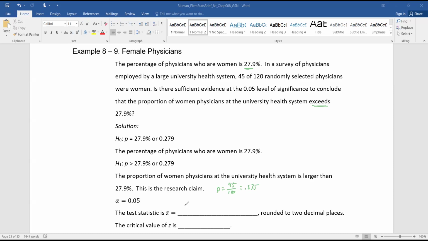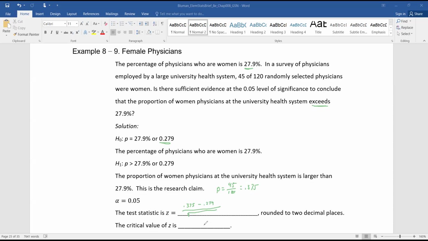So therefore, our z-score would be 0.375 minus the population probability, which would be 0.279, divided by the square root.